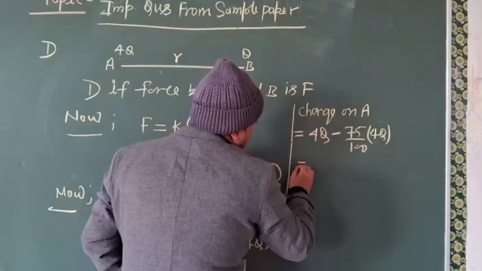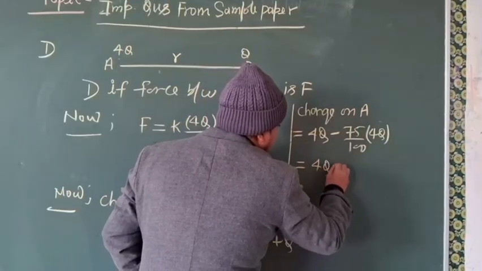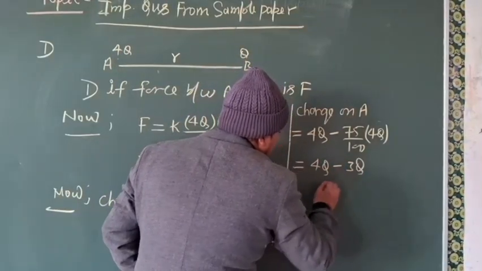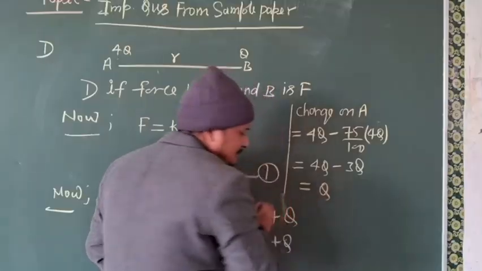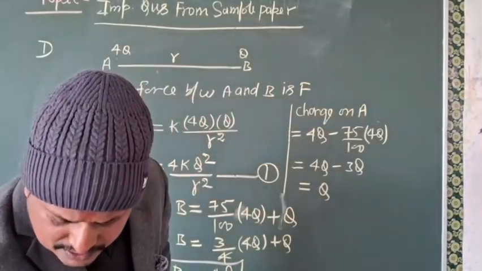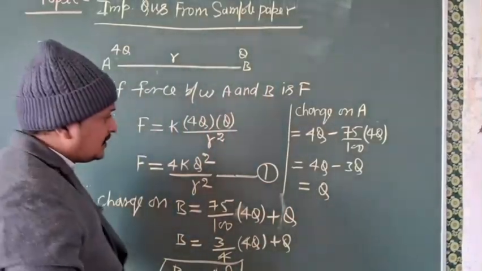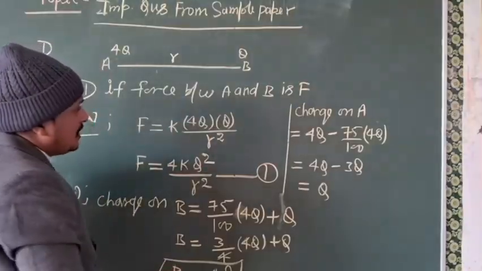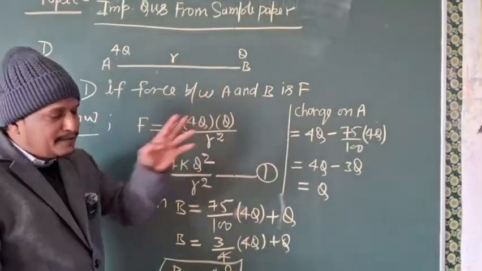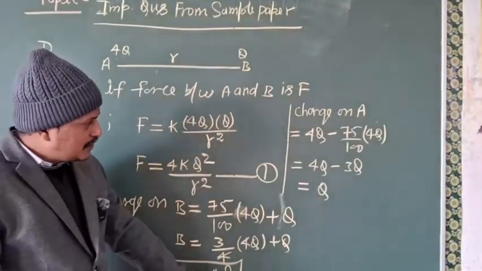That is equal to 4Q minus 3Q, which is Q. Finally, you have calculated the charges on A and B.